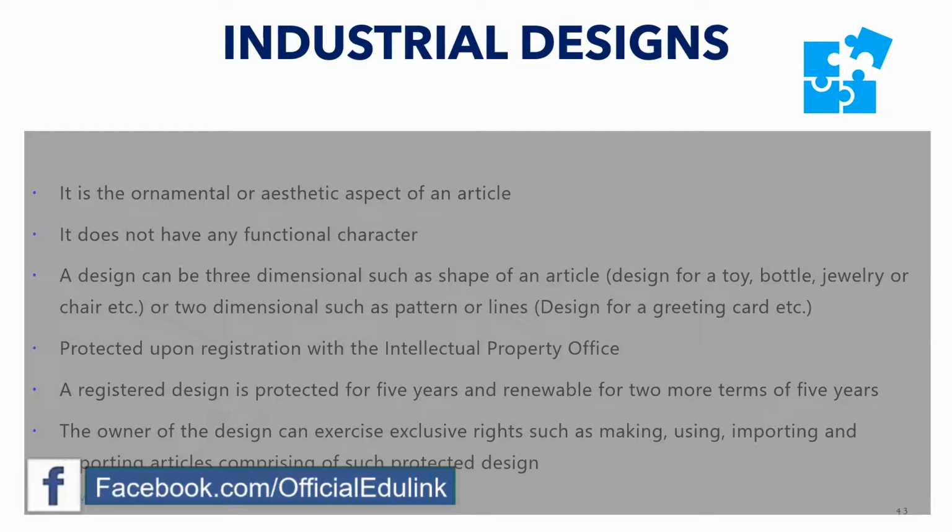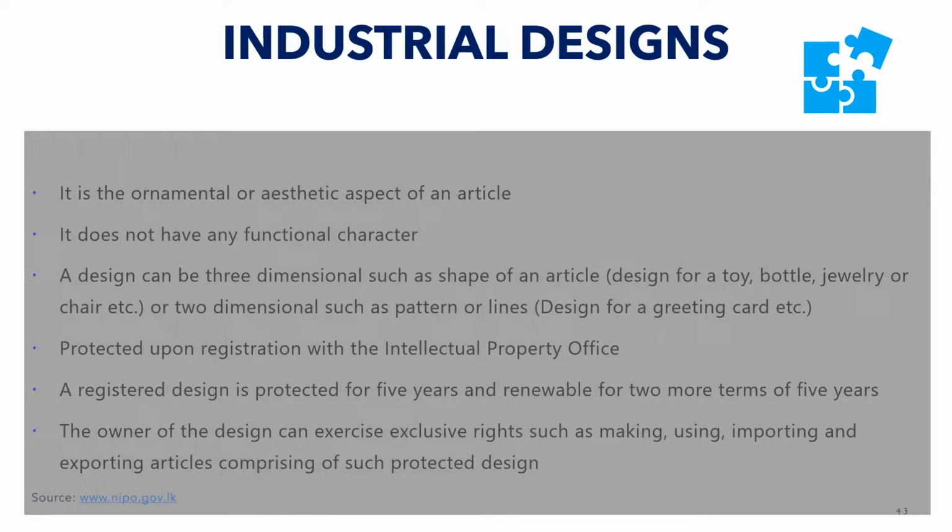But what is important to know is that when you are trying to register, the requirements for industrial designs and the application are a little bit more process oriented, because you have to really indicate and show how this particular industrial design of yours is original, right?